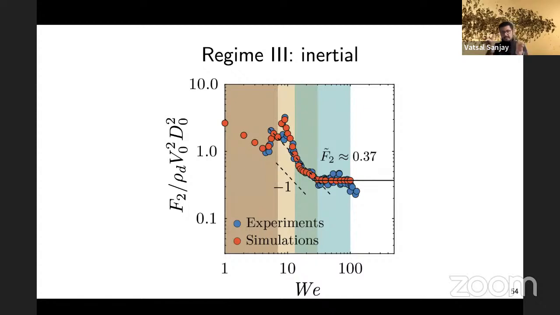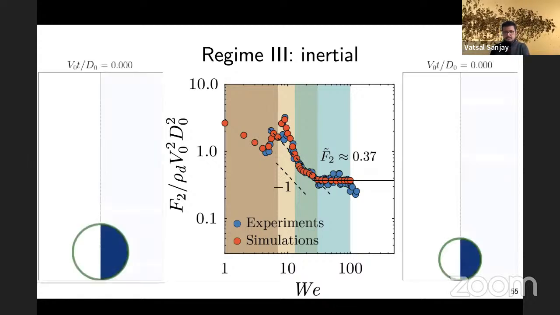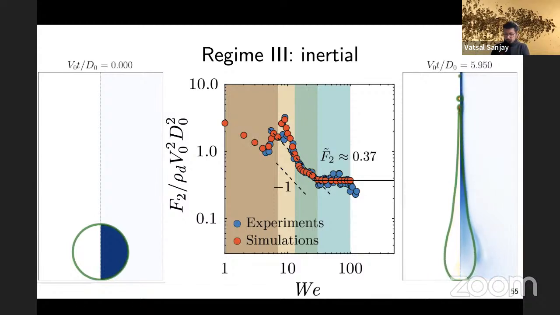And the third regime that we get is the inertial regime, where once again this force compensated with the inertial pressure force is a constant that you see over here. The prefactor in this scaling is 0.37, which we find from our experiments and simulations. One way to rationalize that is to look at these 2 cases: one at a Weber number of 100, and one at a Weber number of 30.